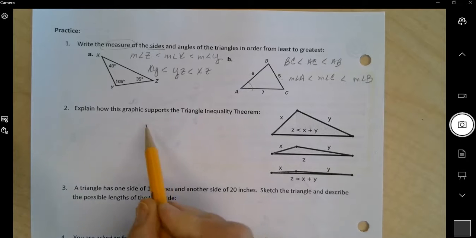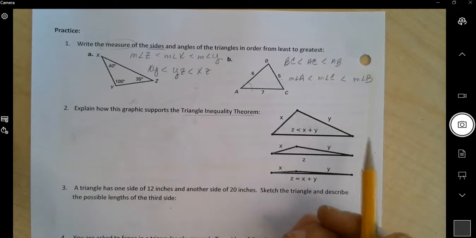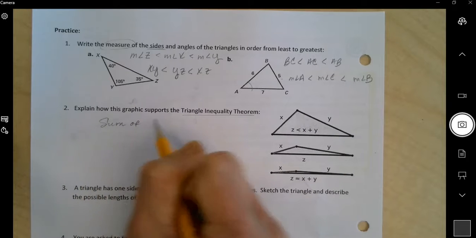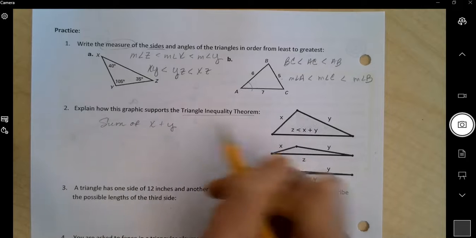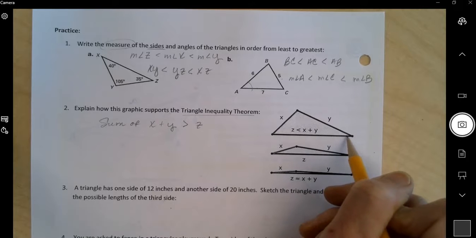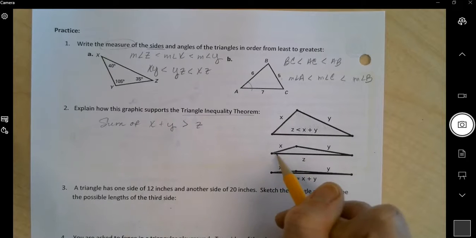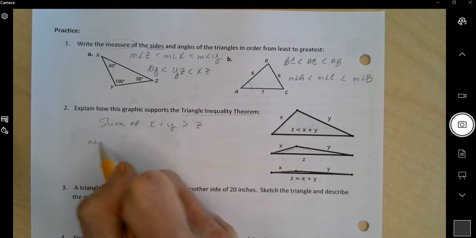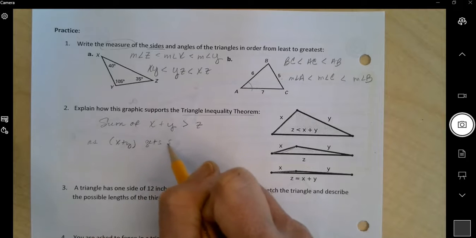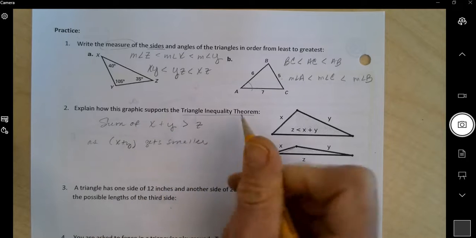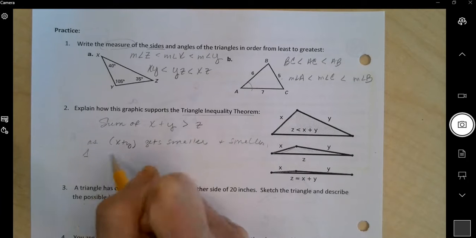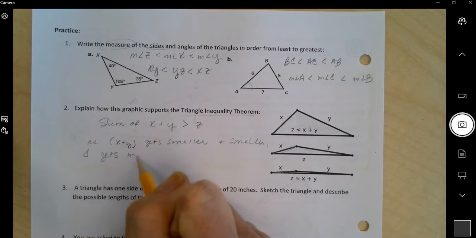All right, so this graphic supports the triangle inequality theorem because it shows that the sum of x plus y has to be greater than z, which is that third side. And as x plus y gets smaller and smaller, it's interesting to see what happens.